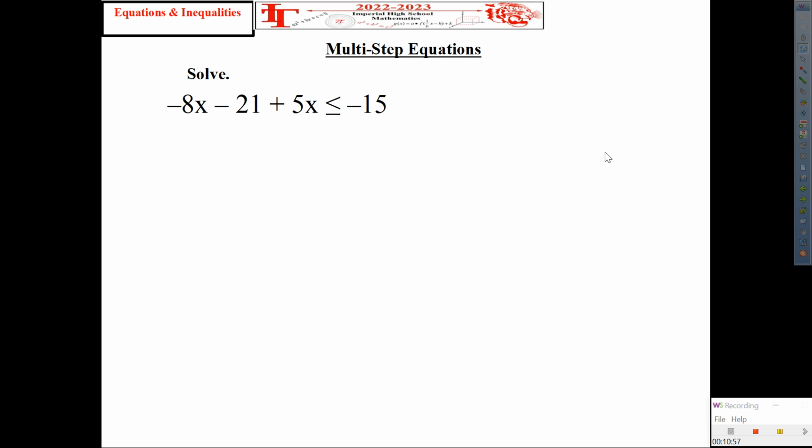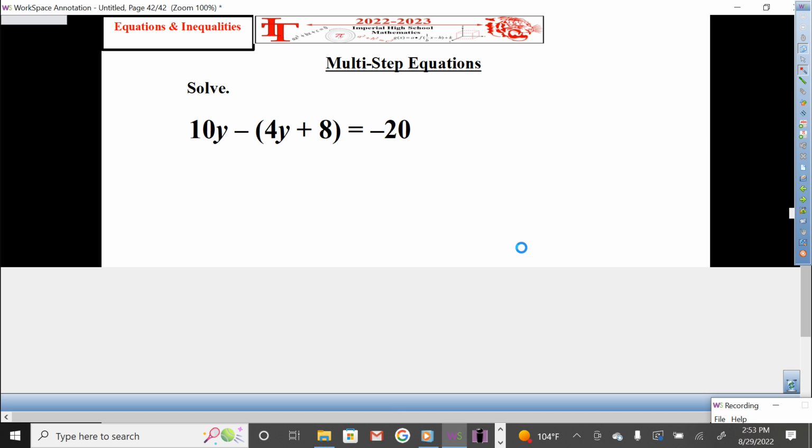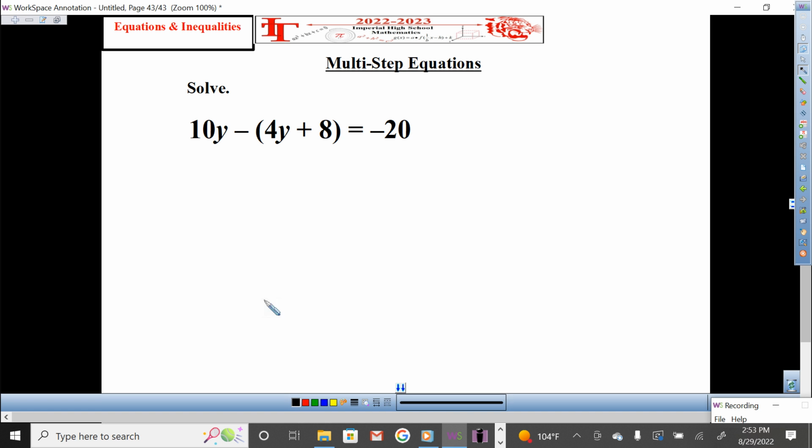And this is example Q. Like I said, this is going to go pretty quick, so stay with me. Example Q. We got 10y minus, parentheses, 4y plus 8 equals negative 20. All right, let's do this one together. Line down the equal sign.